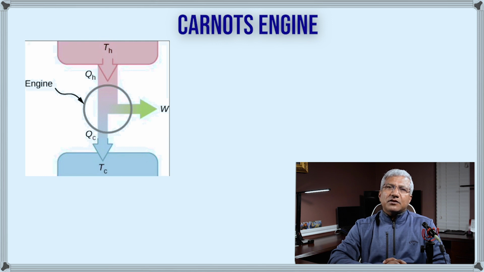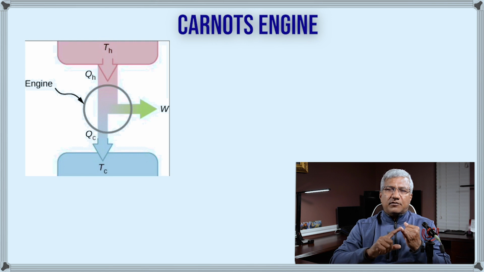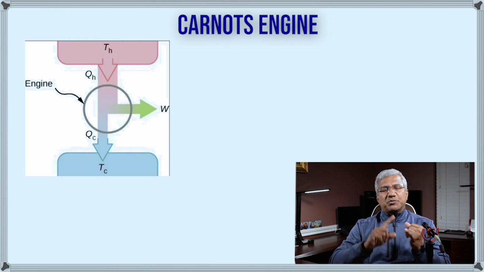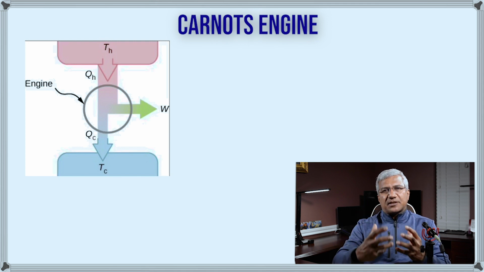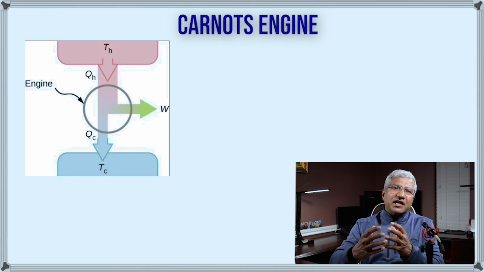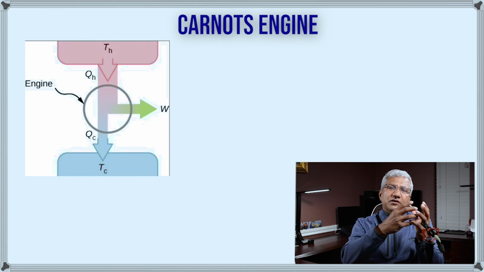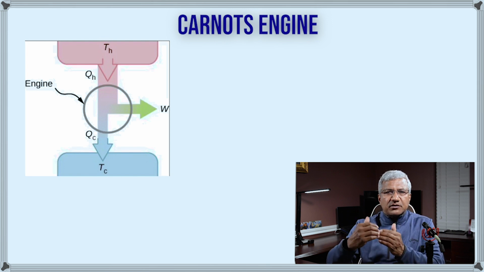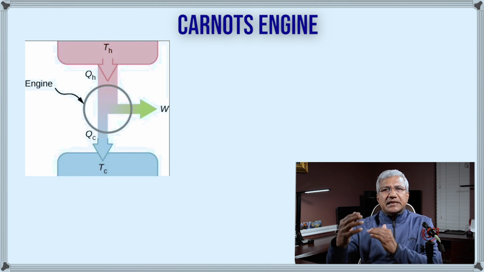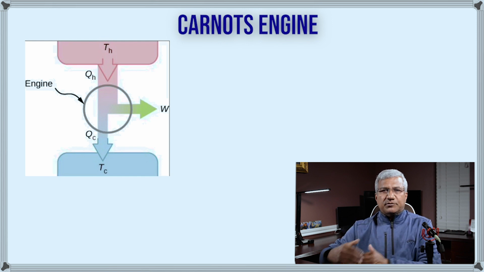And in the heat engine, there must be a source, which is a very hot object. There must be a sink, which is a cold object. And there must be a working substance, which is an ideal gas, which can take heat from the hot object, use a part of it to do work, and reject whatever remains to the cold object.